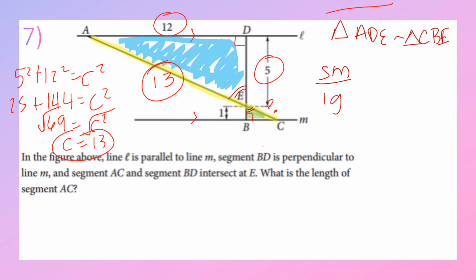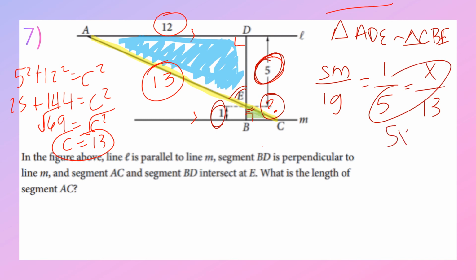For the small triangle, they give me 1, and for the large triangle, the corresponding side would be 5. For the small triangle, the hypotenuse is my x, and then for the large triangle, the hypotenuse is 13.